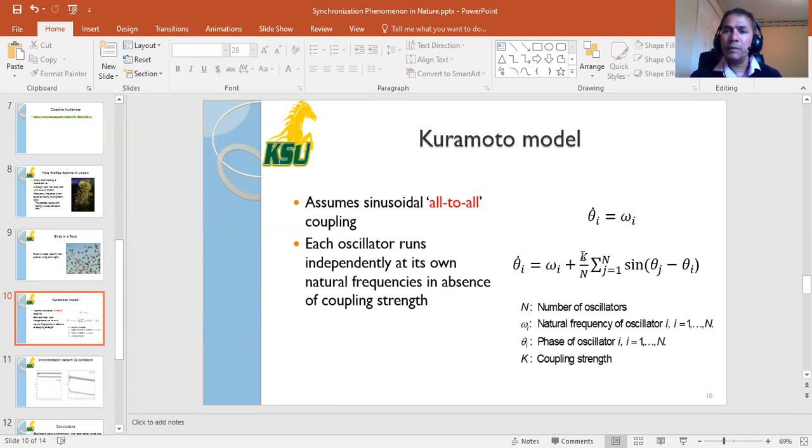Yes, I can share a couple of limitations. This mathematical model can be solved if we consider n very large, and that is not realistic. When we talk about fireflies, they are limited in number.